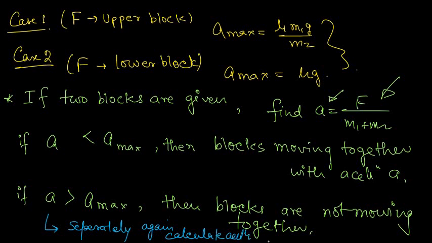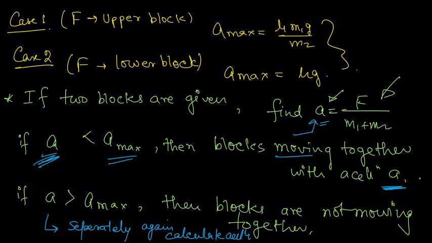So you can do just a quick check whether this acceleration, that is F by m1 plus m2, the acceleration of both blocks, is less than a maximum. Then the blocks are moving together with this acceleration a. If a is greater, then they are not moving with the same acceleration, and you have to calculate them separately.